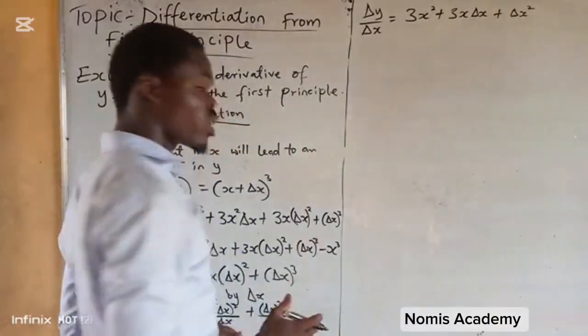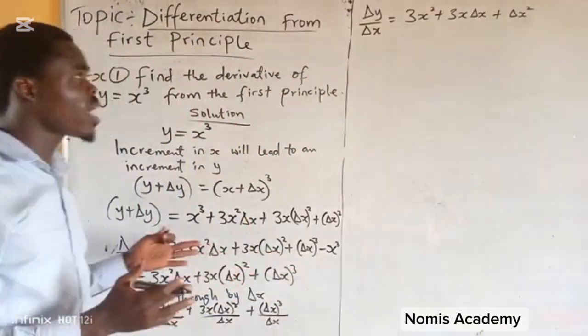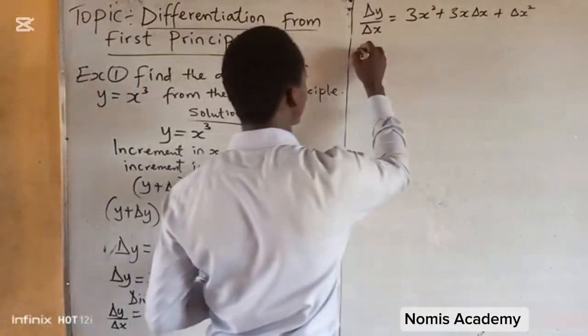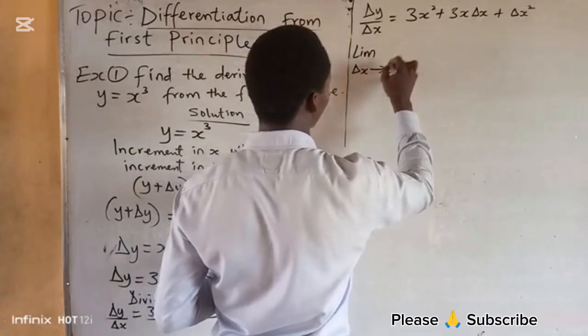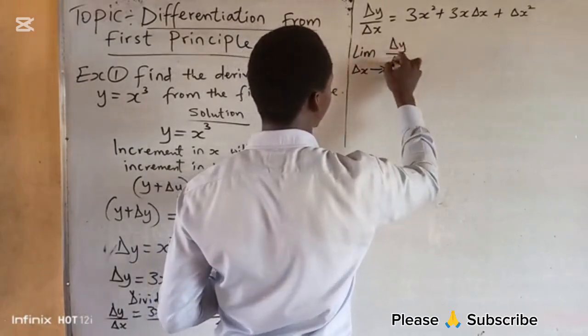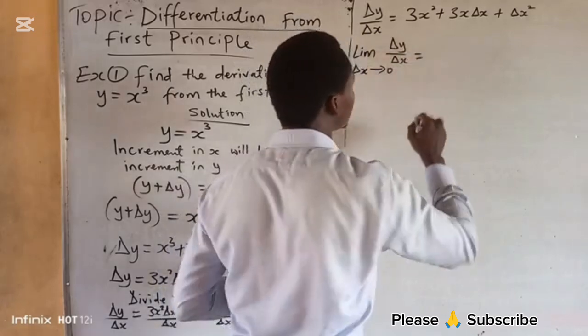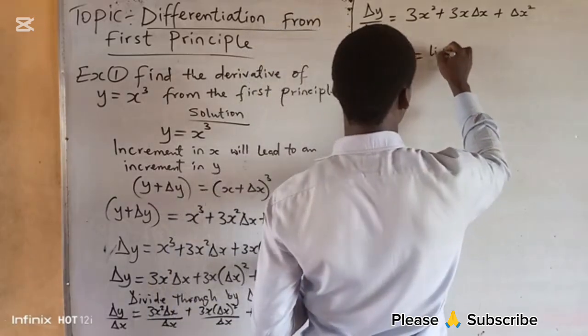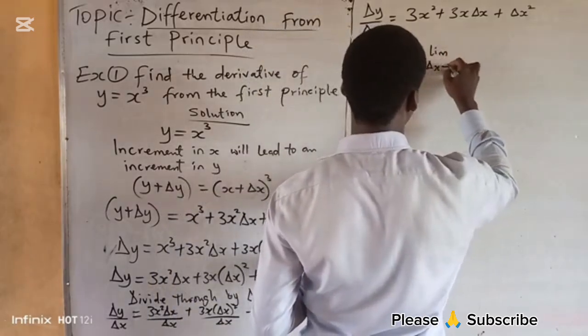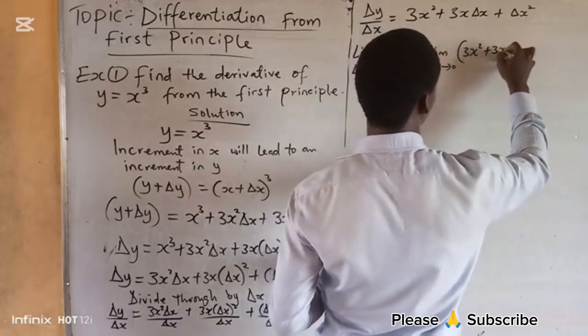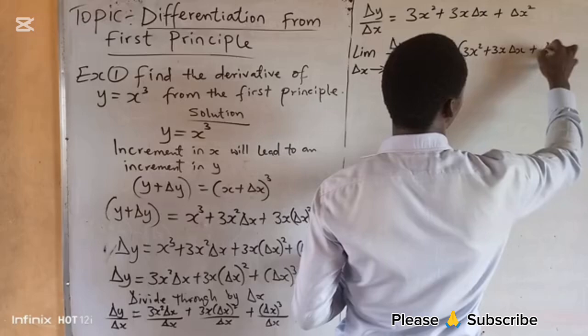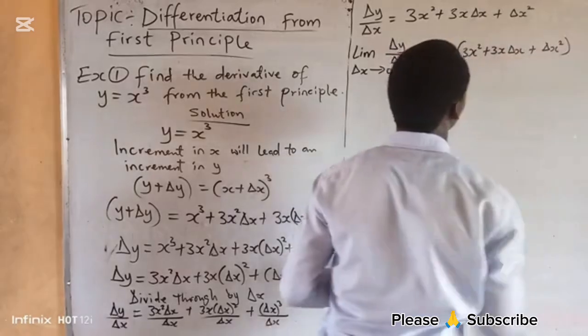Now at this point, we are going to take the limiting value of x, and that will be the limit as delta x tends to 0. So dy/dx equals, we take the same limit, delta x tends to 0, so we have 3x squared plus 3x delta x plus delta x raised to the power of 2.